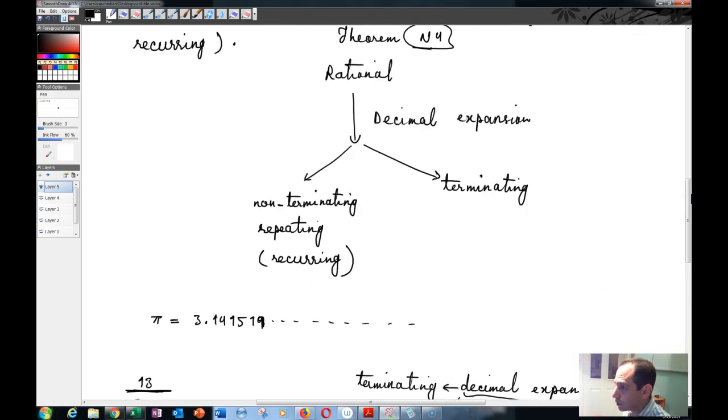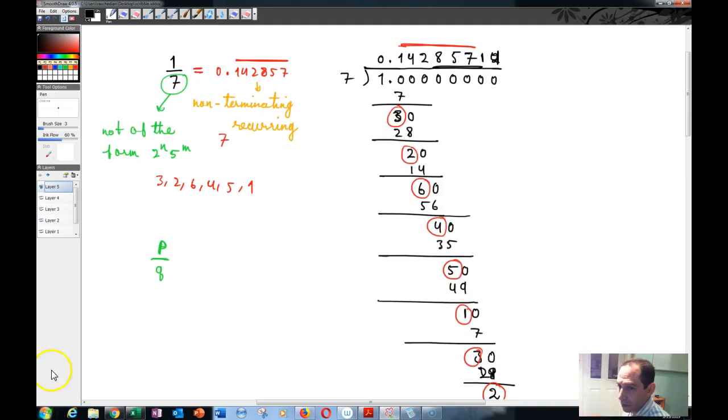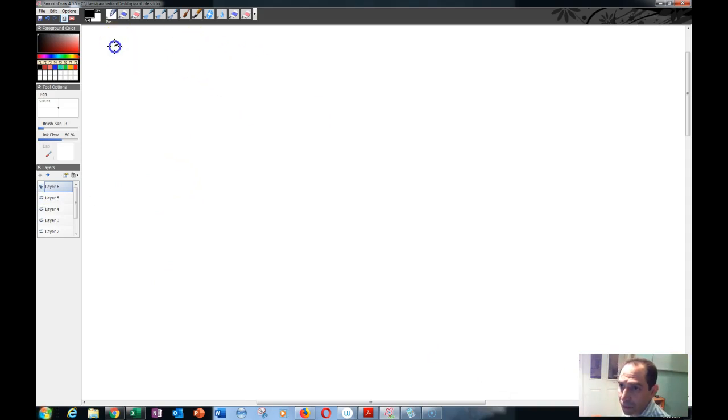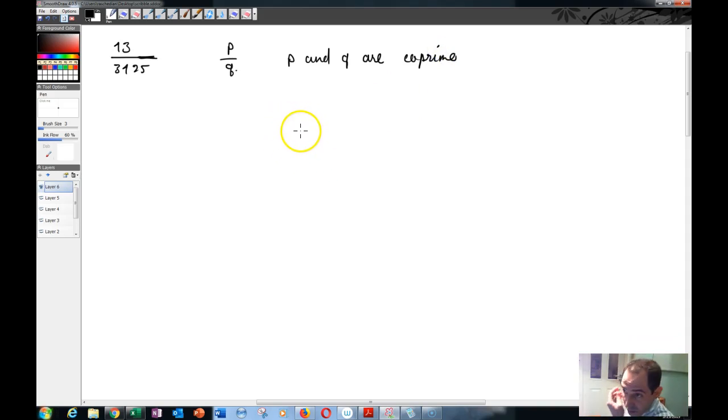So you have 13 by 3125, right? Now if you think of this as P by Q, I really don't know at this stage whether P and Q are co-prime.